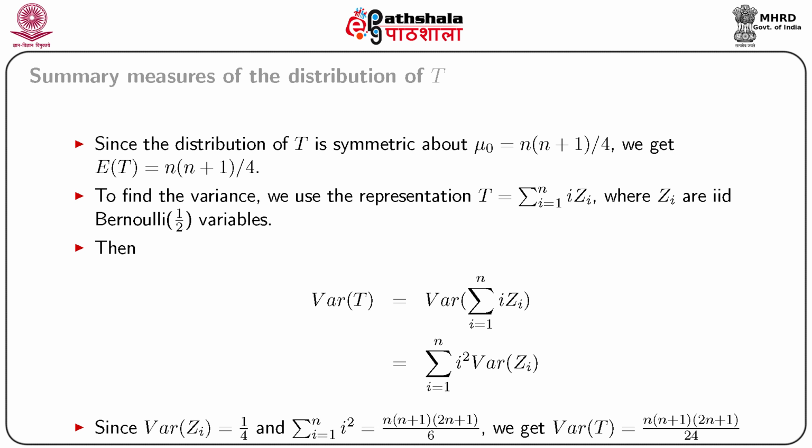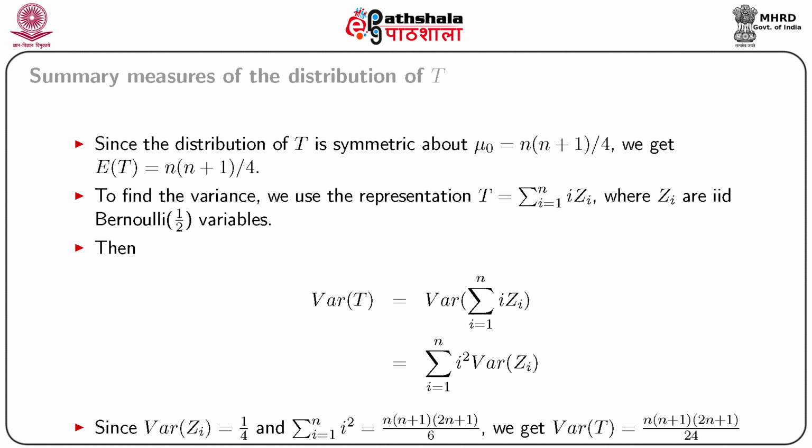Now, to find the variance, we use the representation T equal to summation i from 1 to n of i Zi, where Zi are IID Bernoulli half variables. Then, variance of T is nothing but summation i from 1 to n of i squared times variance of Zi. This is possible because Zi's are IID.